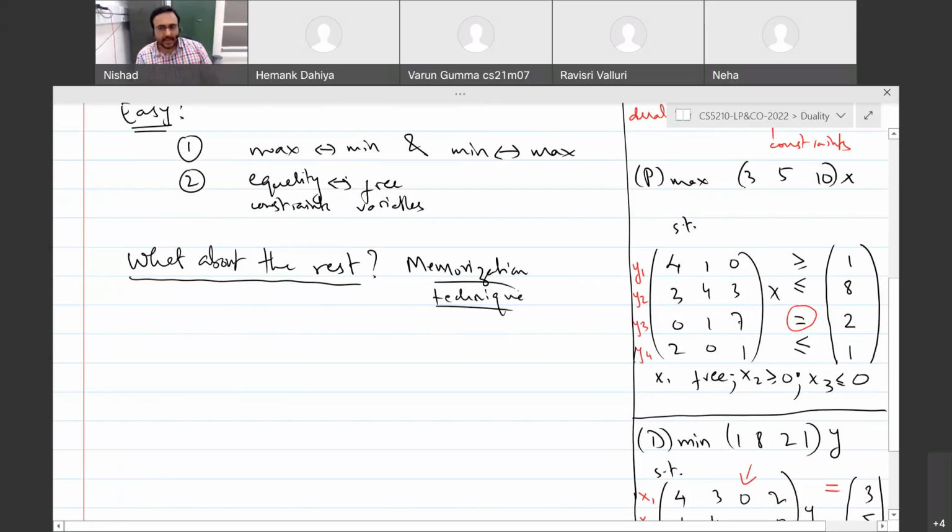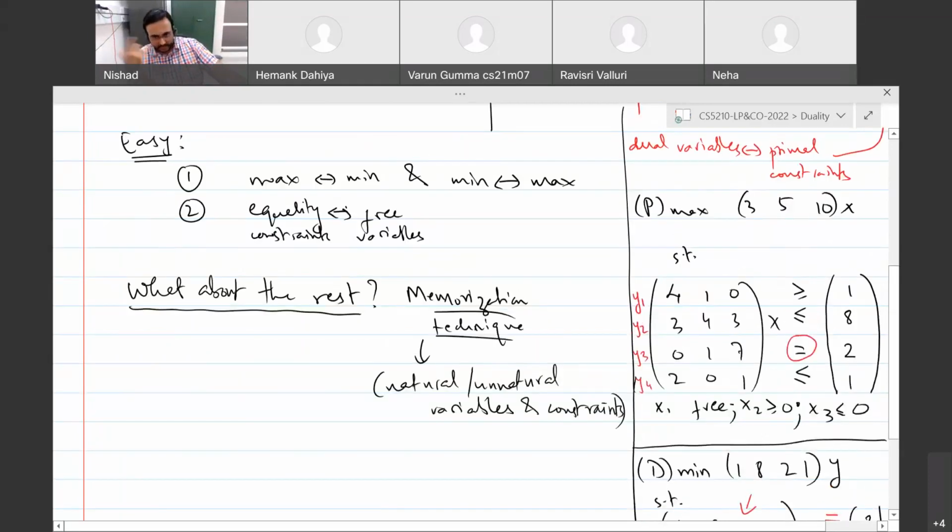And it is based on the idea of what are called natural constraints and natural variables. Okay, so I'll tell you what this is. Natural and unnatural variables and constraints. I'll tell you what natural variables and natural constraints are, and the other ones are going to be unnatural.